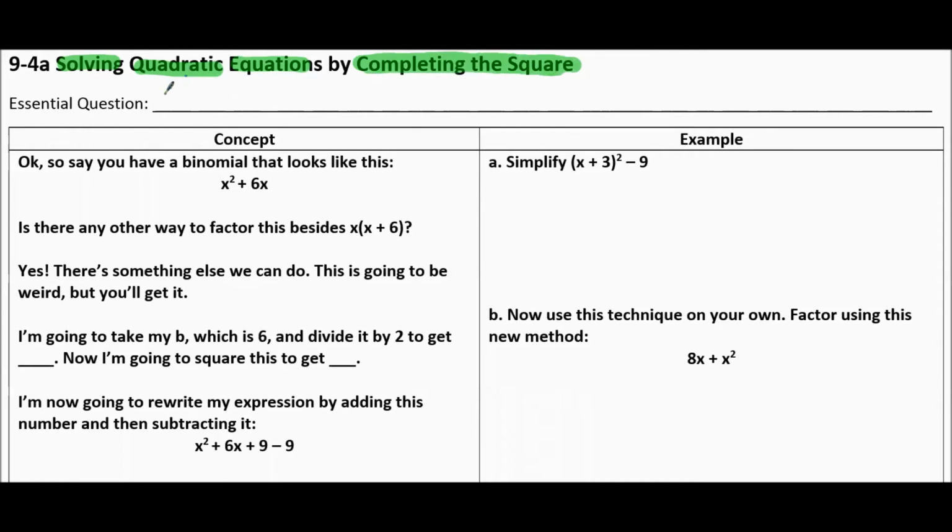Here's what it means. How do I turn a binomial into a perfect square trinomial?